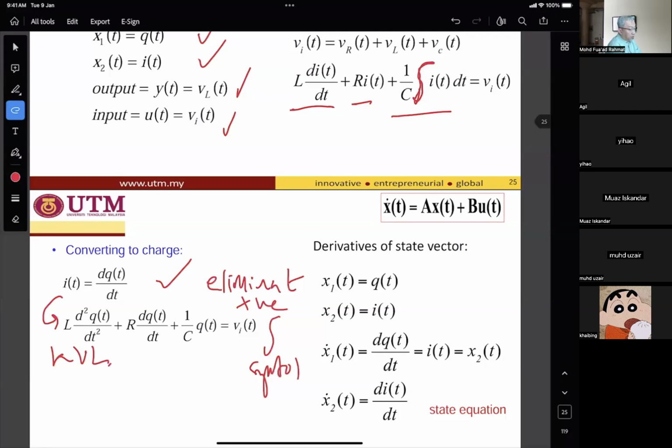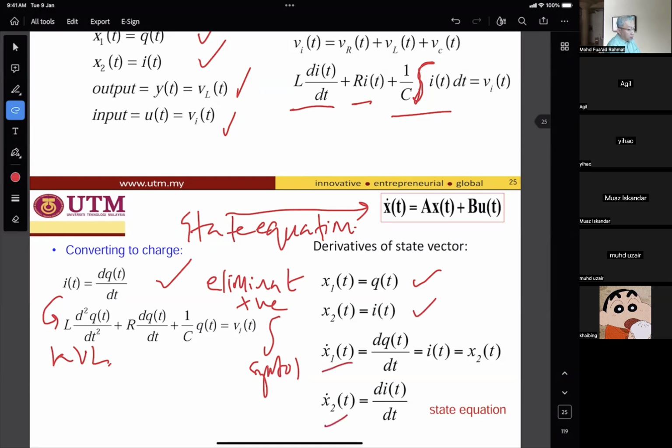So we want to derive this equation, which is x dot equal to Ax plus Bu, known as the state equation. Okay. So state equation, x dot of t is equal to Ax of t plus Bu of t. We already defined x1 as q, x2 as I. Then we find the derivative state vector, x1 dot, x2 dot.